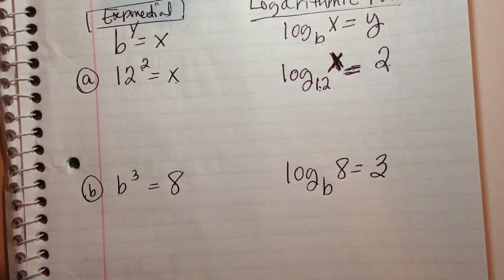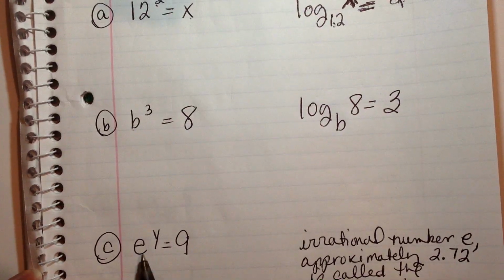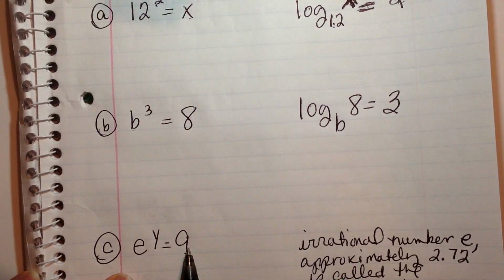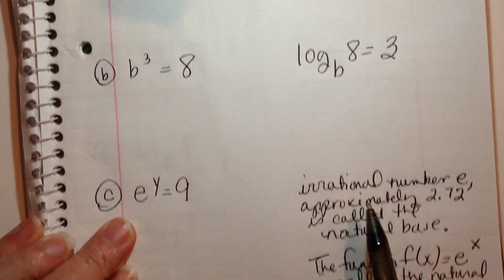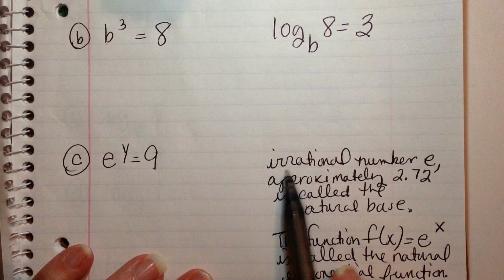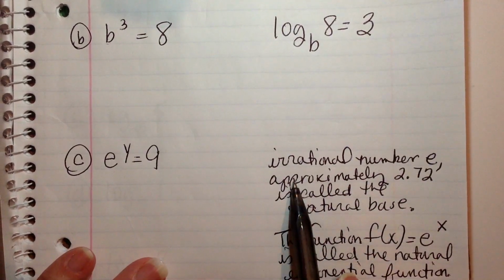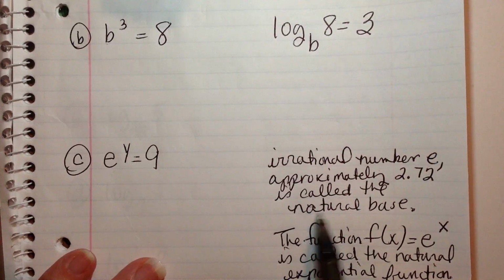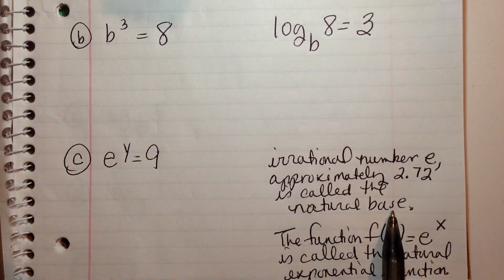Now let's look at C. C part involves an e. e to the y power equals 9. I wrote some information about e. An irrational number e is approximately 2.72. It is called the natural base. When I think of e, I think of kind of like pi. Pi is approximately 3.14.